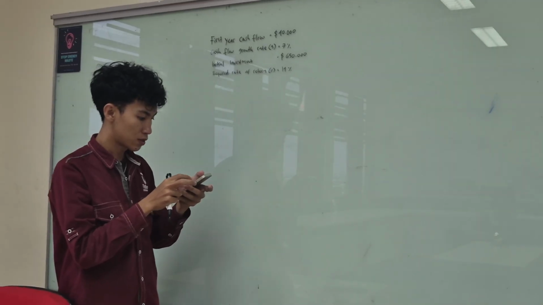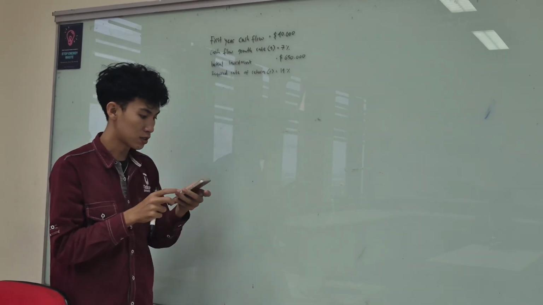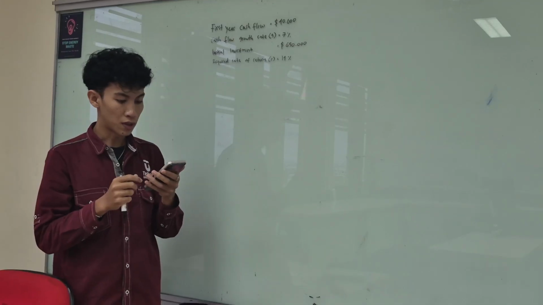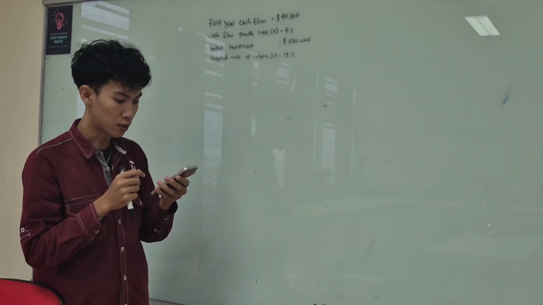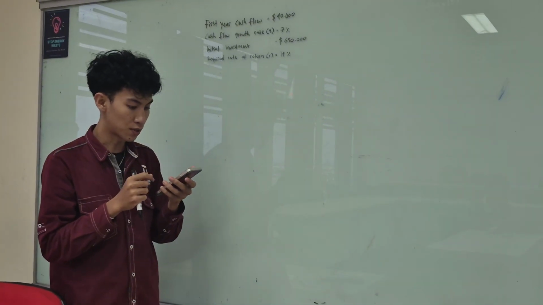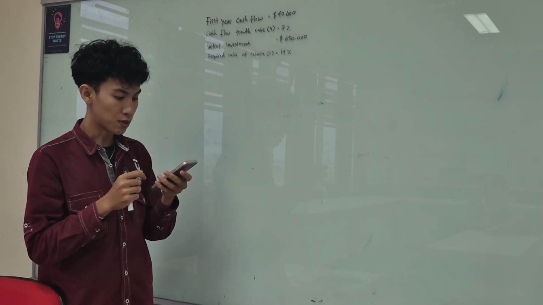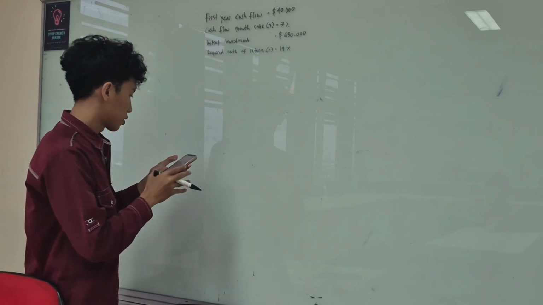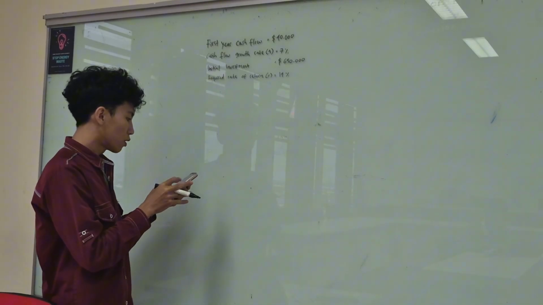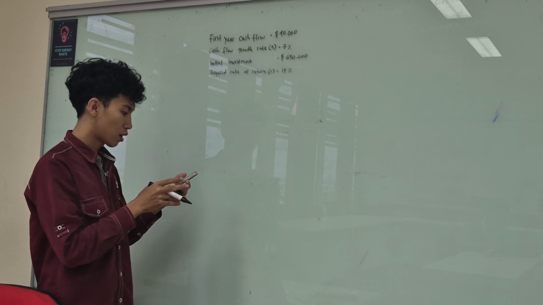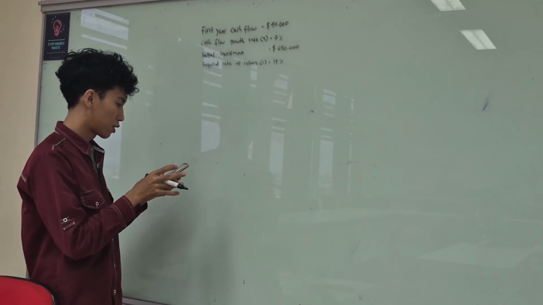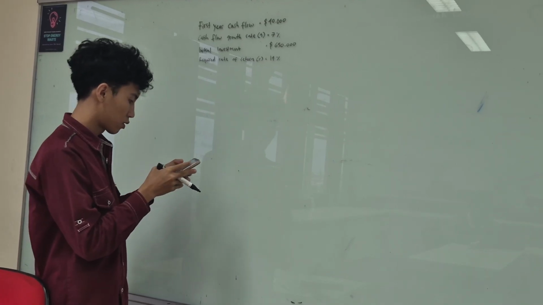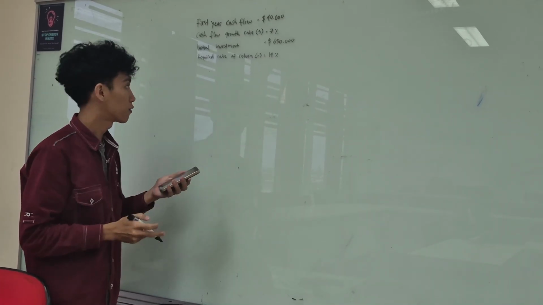So the first question is, if the company requires 14% returns on such an undertaking, should the cemetery business be started? From the question, I will use the NPV formula.